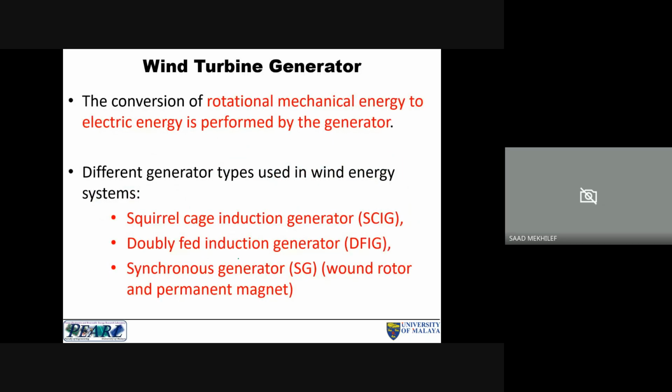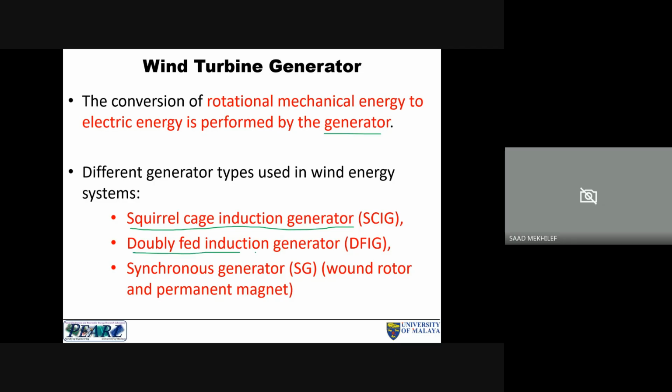Okay, and then let's look into how these wind turbines work. For the conventional one, I have explained before, the rotational mechanical energy is converted to electrical energy by the generator. There are different types of generators that we use. The most common is the squirrel cage induction generator, which is very useful and efficient.